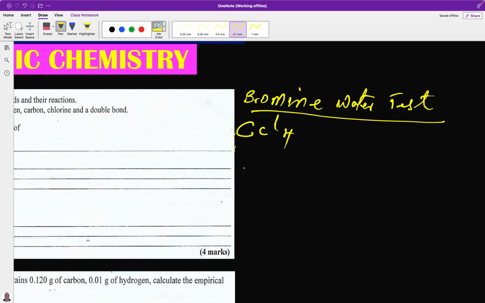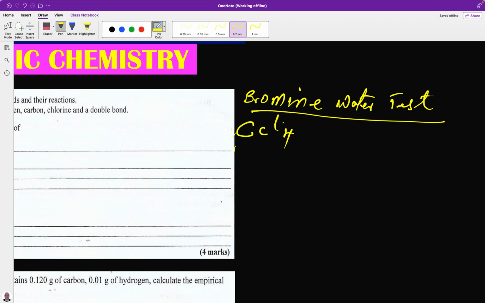If the orange color disappears, then it contains a double bond. That is all. If you add bromine water to an unsaturated compound, the orange color will disappear, indicating the presence of a double bond.